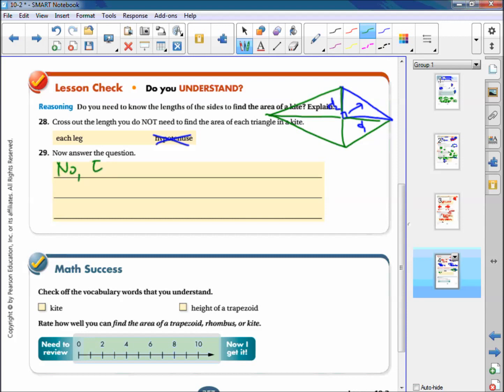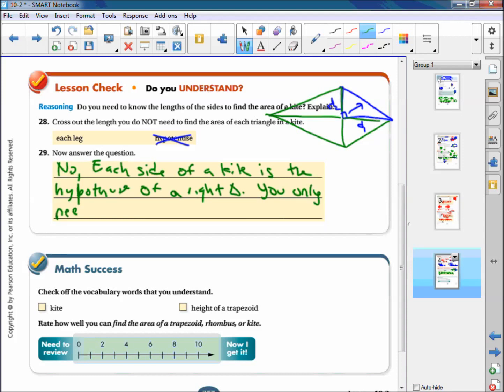Okay. Each side of a kite is the hypotenuse of a right triangle. Okay, you only need the legs, and that's because they form the diagonals.